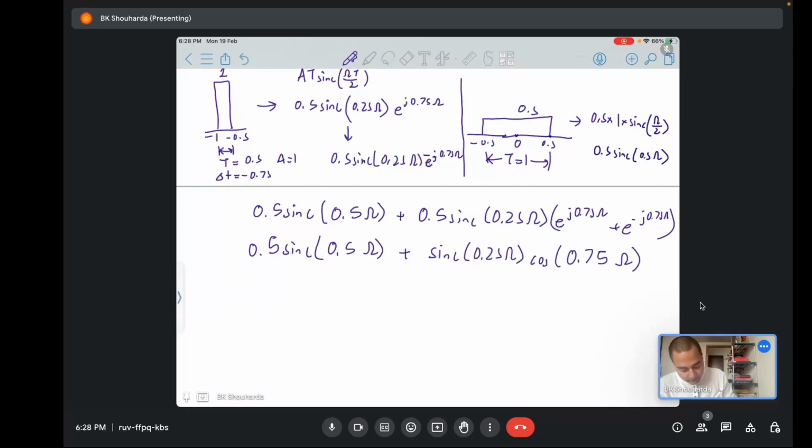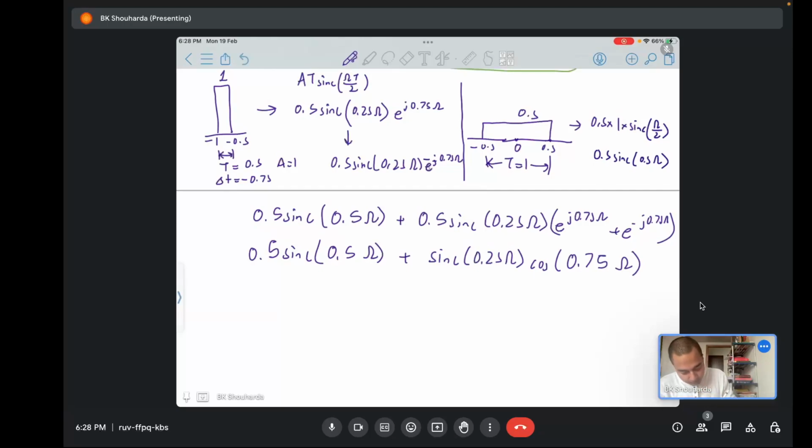Alright, so now what does it become? 0.5 sine 0.5 omega by 0.5 omega. There will be, okay, so the 2 got cancelled over here.